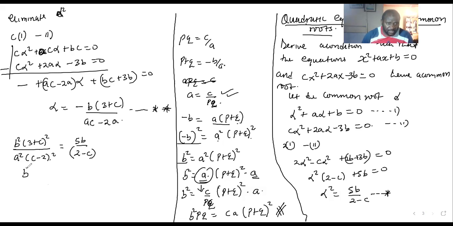So I can alternate by saying (3 plus c) squared out of a squared into (2 minus c) squared is equal to 5b out of 2 minus c.